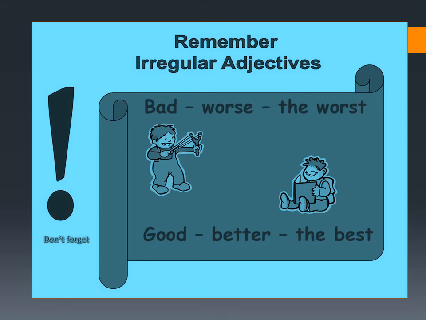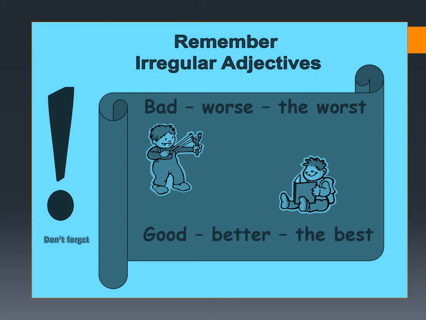So in the previous slides, children, we have learnt about the rules to form positive, comparative and superlative degrees of adjectives. In some cases, er and est were used to form comparative and superlative degrees, and in the other cases, in place of er and est, more and most were the words used to show that the words are in comparative and superlative degree.